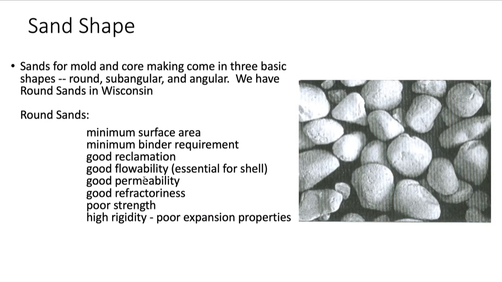So the shape of the sand grains has a large effect on the properties of the sand. Now in Wisconsin we have the best sand in the world, and it's mined all around. Taylor, Wisconsin is one place that you can get it, but it's Badger Mining.